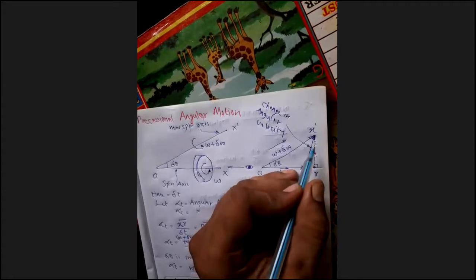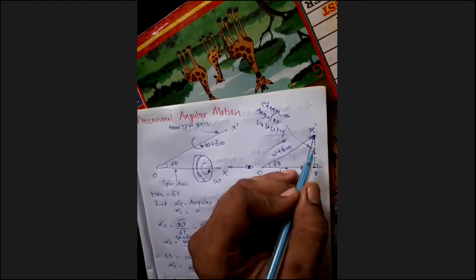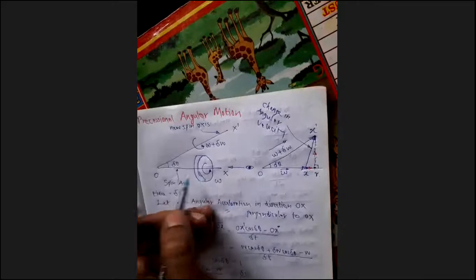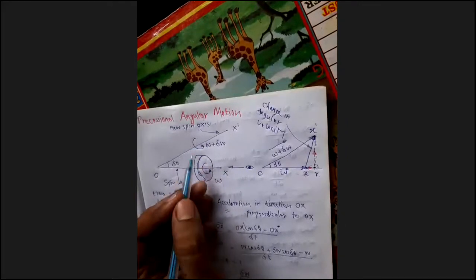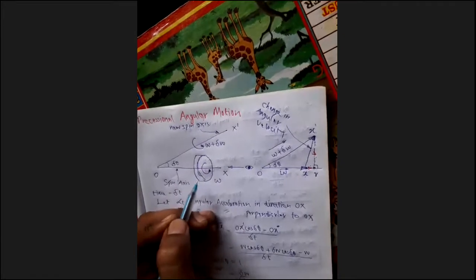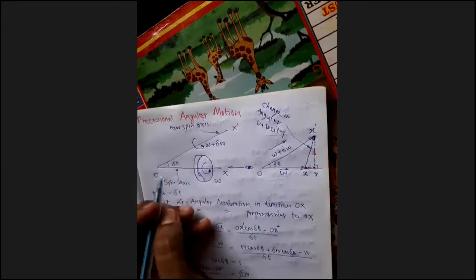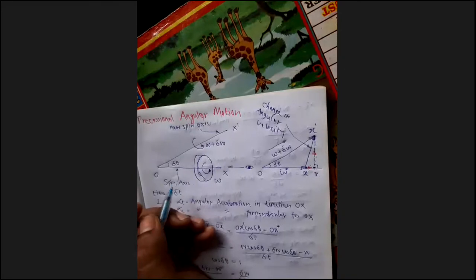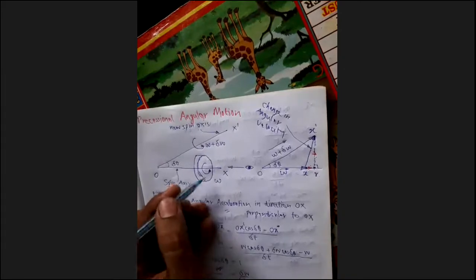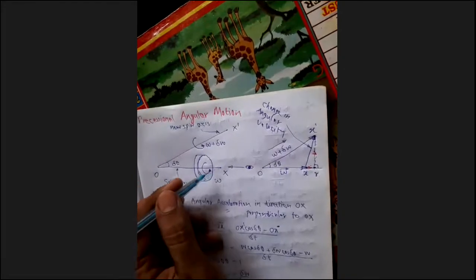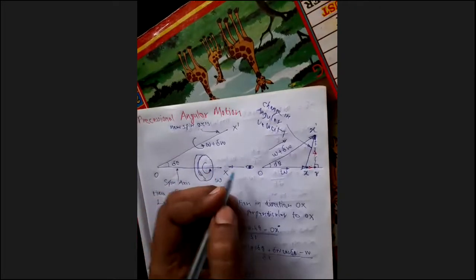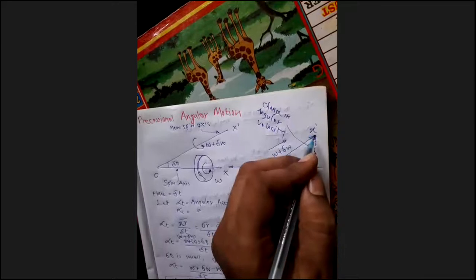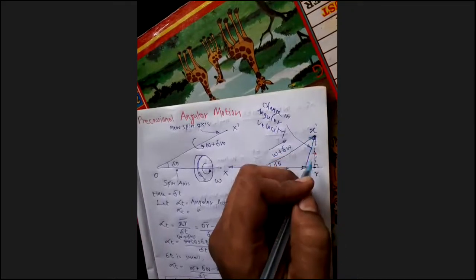So when a rotating disk's spin axis rotates by some angle, it is acted upon by two components of acceleration. One is along OX, the other is perpendicular to OX. We are interested in the component perpendicular to OX, which is the gyroscopic acceleration.